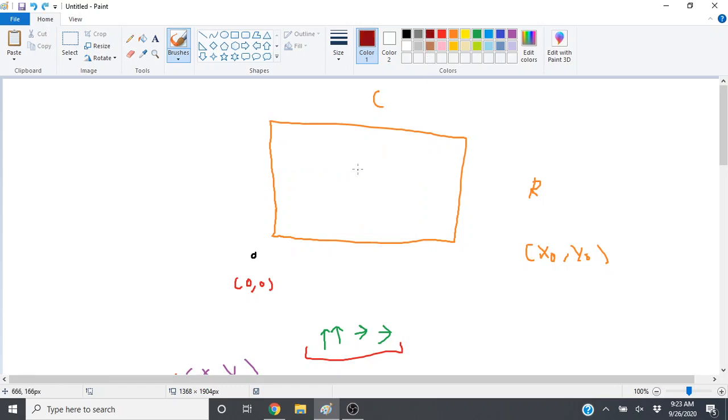But if there's an obstacle here, then the robot is going to have some of its moves be blocked. I forgot the original sequence already. It was something like this. Some of its moves are going to be blocked, which means that while it would originally move something like this, it wouldn't be able to anymore. It would be blocked off by the obstacle.